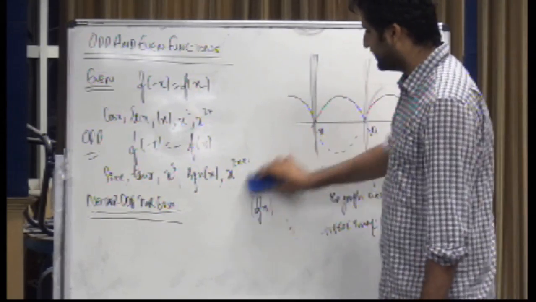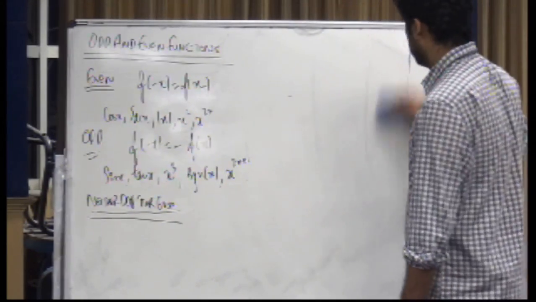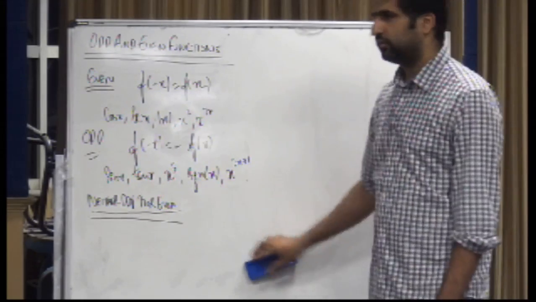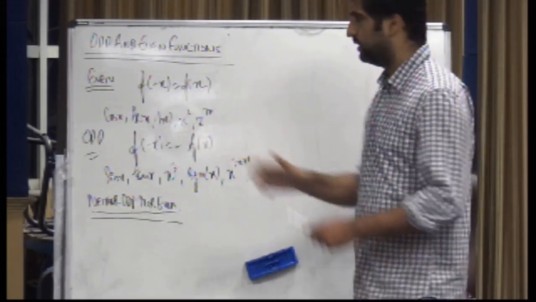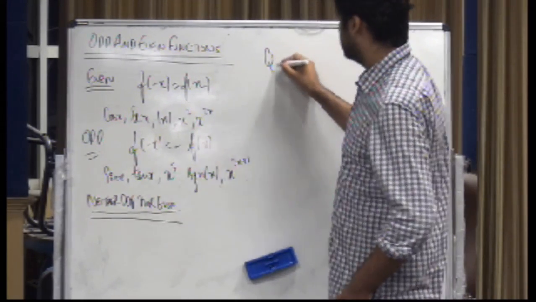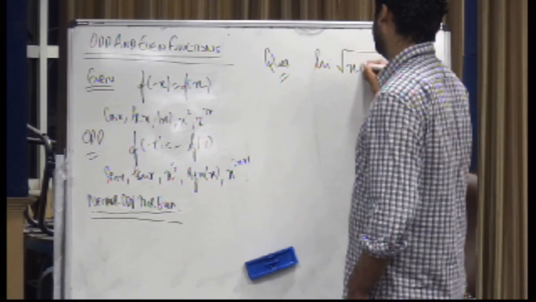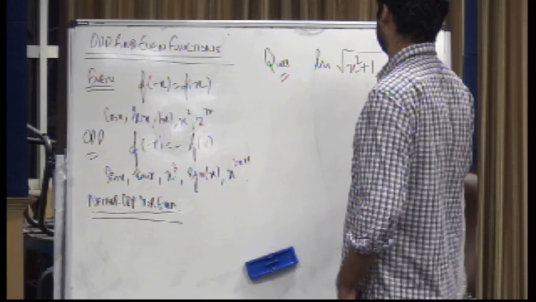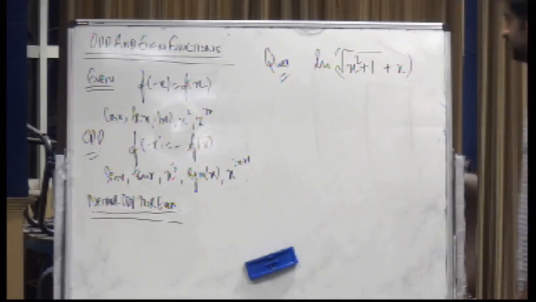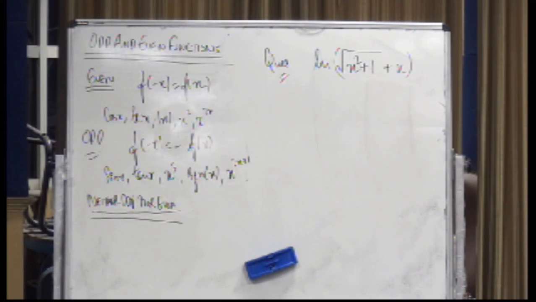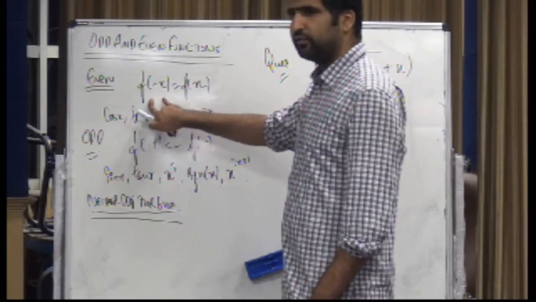So how do we check whether a function is odd or even? Just put the value minus x in that function, and then you'll get an answer. So try this question fast: ln of root of x square plus 1 plus x. Tell me whether this is an odd function or an even function. To check whether the function is odd or even, you put the value of f of minus x.